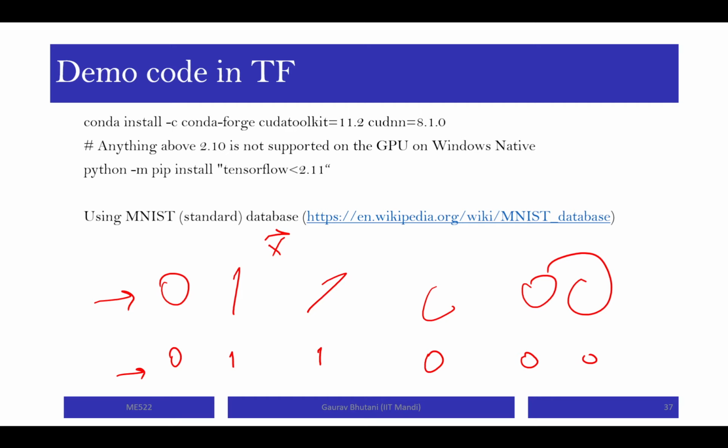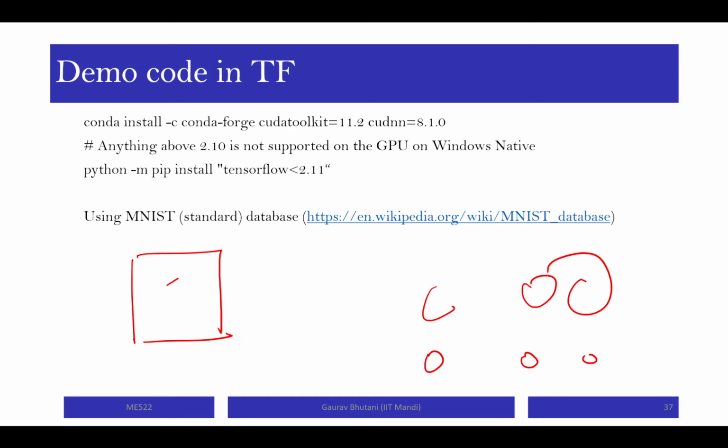Well, that's easy. What is an image? An image is pixels, right? Let's say I have one image where I have a 1 written like this. An image is nothing but pixels, and a pixel can be black or white. Let's say it's a thresholded image, 0 or 1. 0 means no light, 1 means light.